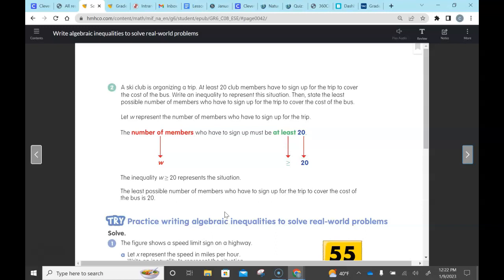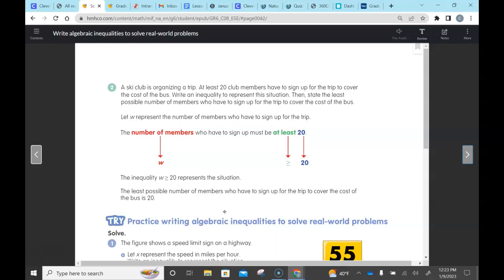So we know the number of members, W, who have signed up must be at least 20. So what you can see here, W is the variable, number of members, has to be at least 20. Now it can be equal to or greater than 20. So the inequality W is greater than or equal to 20 represents this situation.